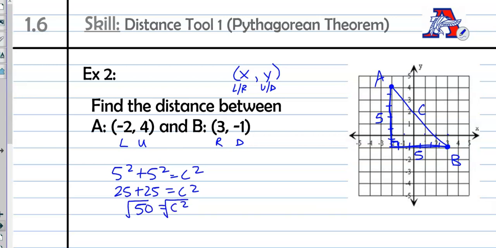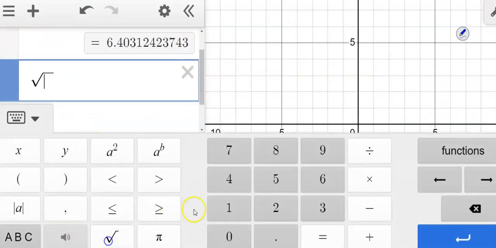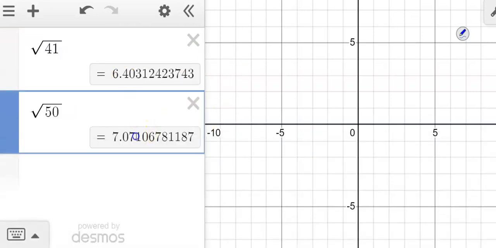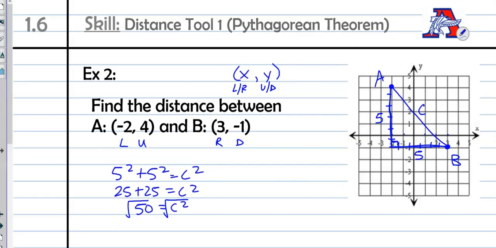I'm going to hop on Desmos once again, find the square root of 50. And I get 7.07. Once again, that third decimal is less than 5, so we're not going to round up at all.